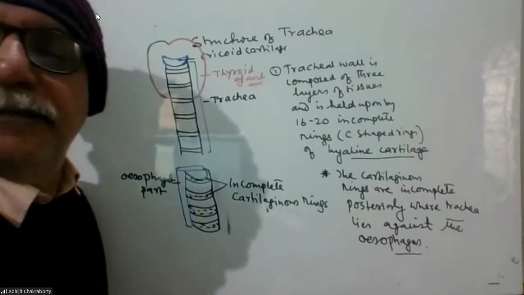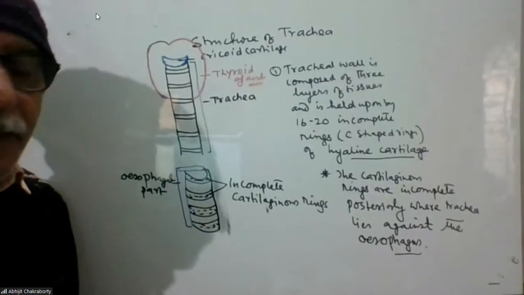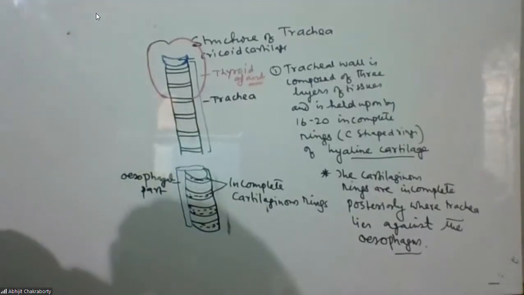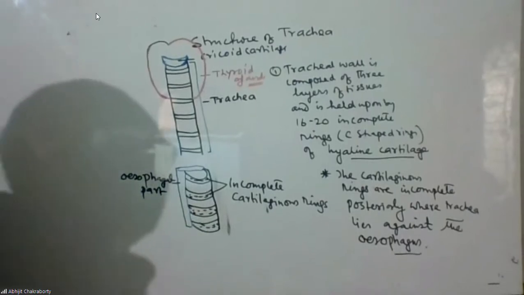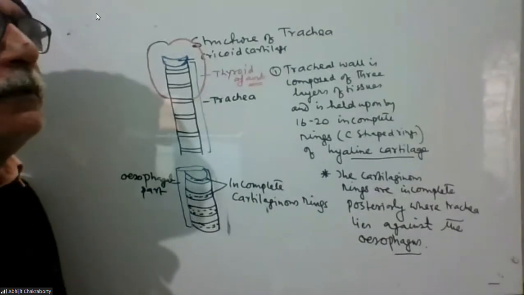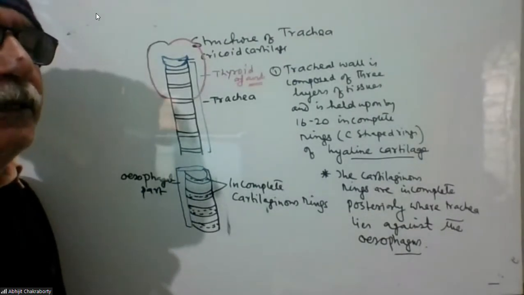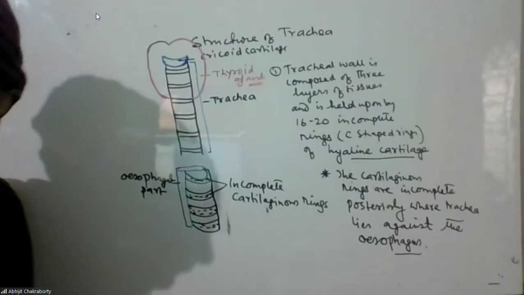Clear? Yes, sir. Okay. These incomplete C-shaped rings help to regulate the diameter of the trachea. How can they protect it from collapsing? Because they regulate the diameter of the trachea.